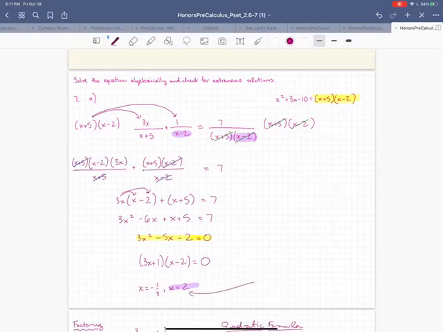So what we want to write is x equals 2 is an extraneous solution because both sides of the equation are undefined at x equals 2.